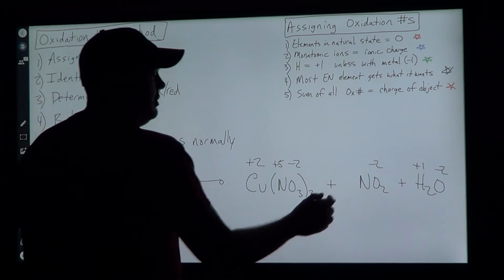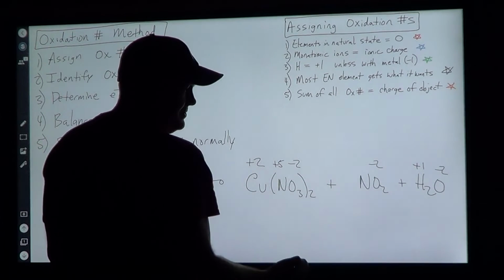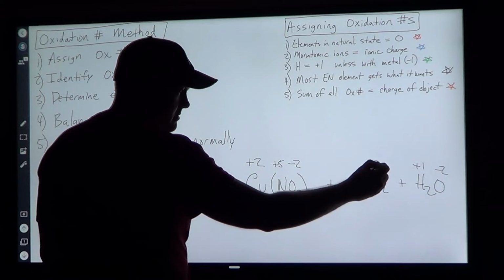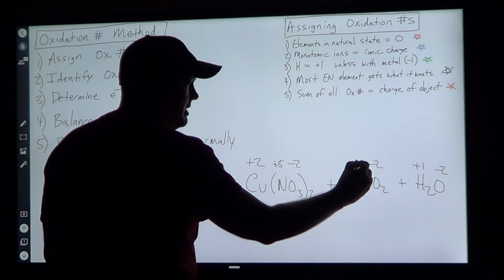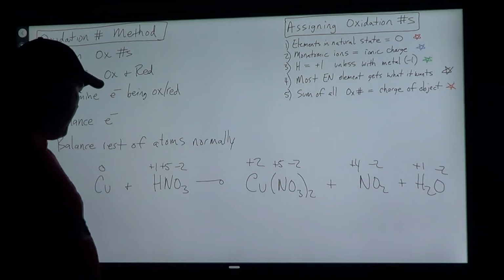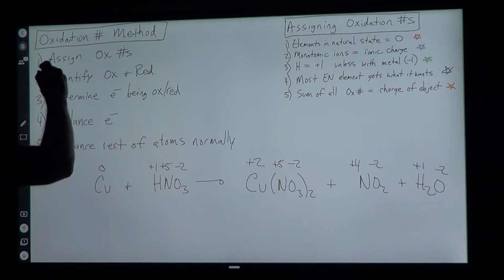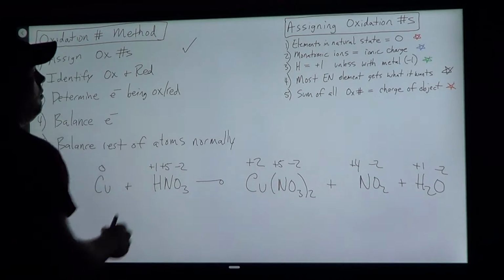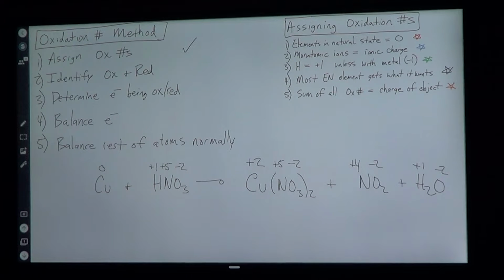Over here, these oxygens are -2. That gives us -4, so this nitrogen must be +4. And we already finished that. So we are officially done with step 1. We have assigned everybody their oxidation numbers.